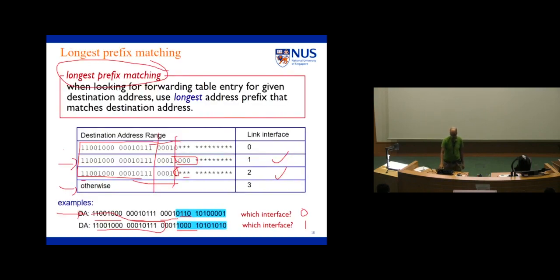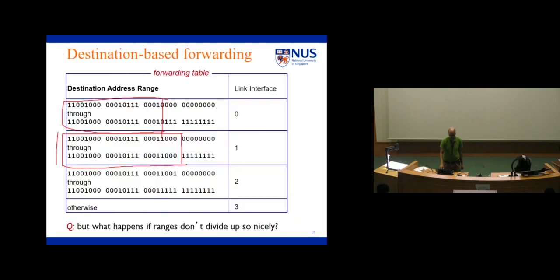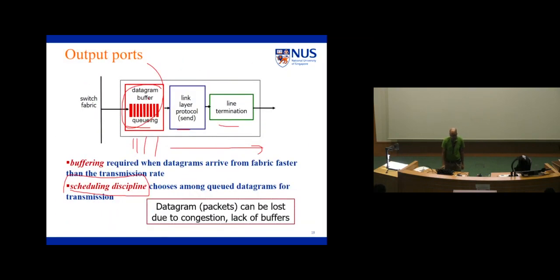And since we have queues at both the input port and the output port, as a result you may lose packets, and you may have queuing delays. So when I talked in the first few lectures about routers having queues and queuing delays, these are the queues where packets may pile up, and if you're unlucky and too many packets are coming towards you, at some point you will start losing packets.